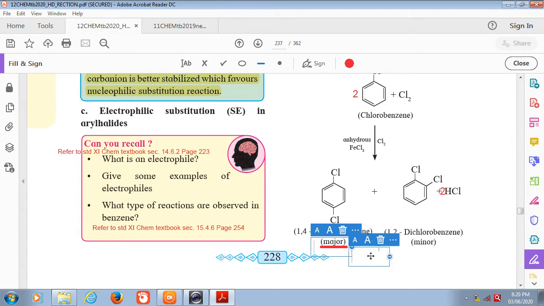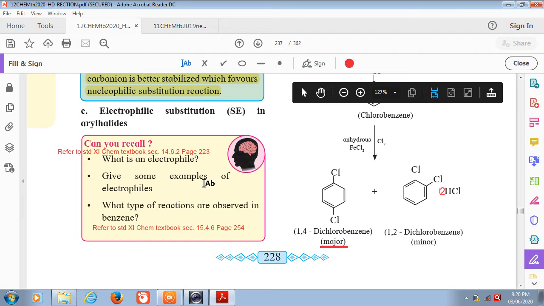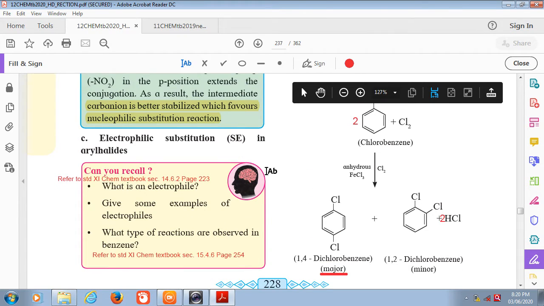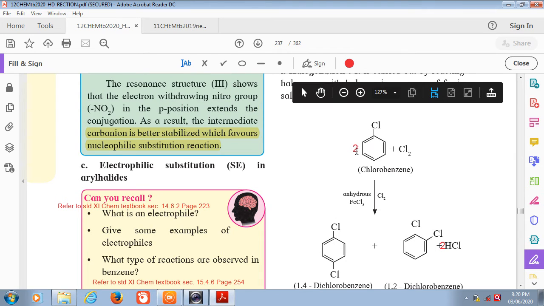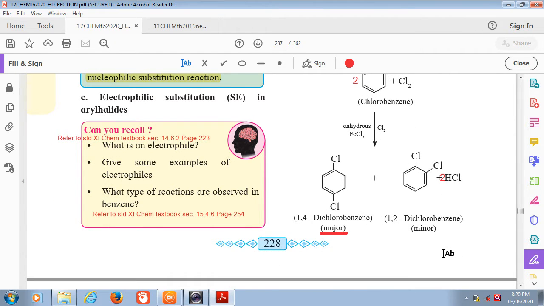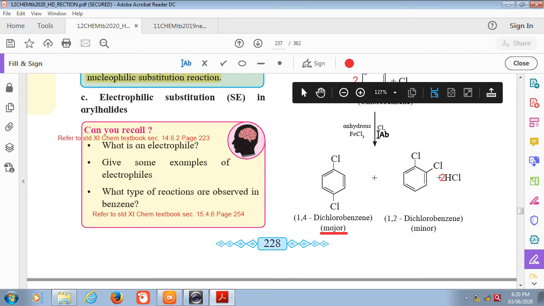So you have to write the balanced chemical equation. It's not balanced, so write down here 2 chlorobenzene and for balancing 2HCl. Always write the balanced chemical equation. So the reagent is chlorine in presence of anhydrous FeCl3.